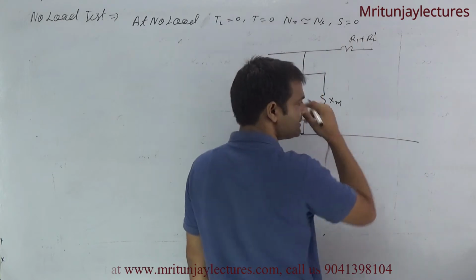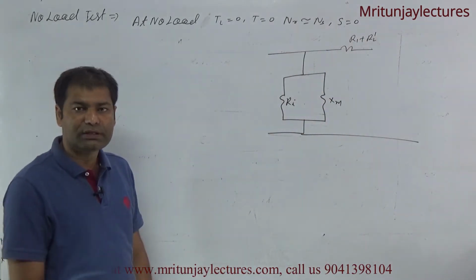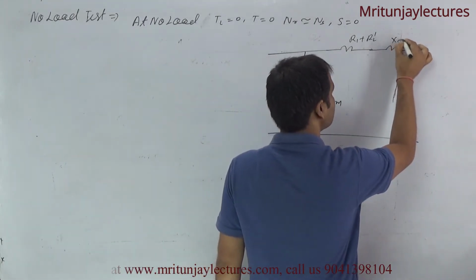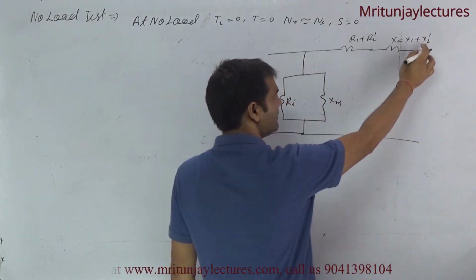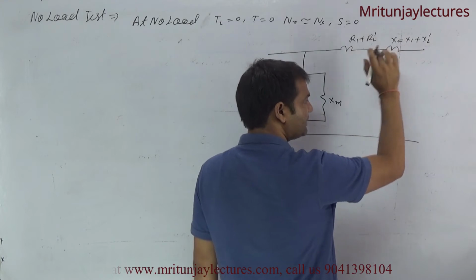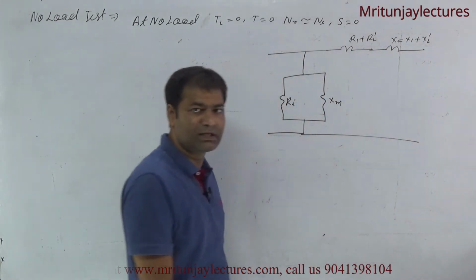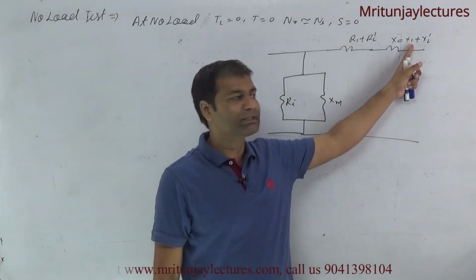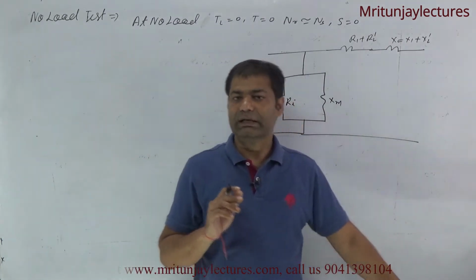R1 is the stator resistance, R2 dash is the rotor resistance referred to stator side, and leakage reactance X1 plus X2 dash. X1 is the stator leakage reactance, and X2 dash is the rotor leakage reactance referred to stator side.